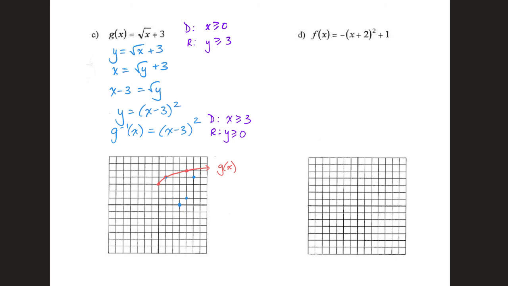This one can't, and up here cannot either. And I'm just going to copy over that in red so we can see it disappear. My parabola can only exist at 3 and greater. And maybe there we can see, okay, now that looks like the reflection across the line y equals x.